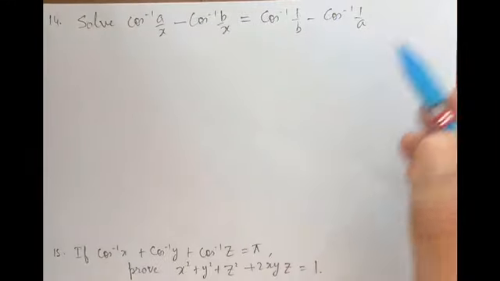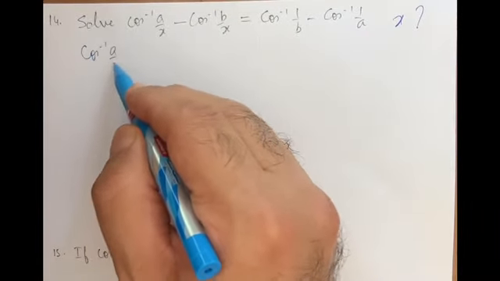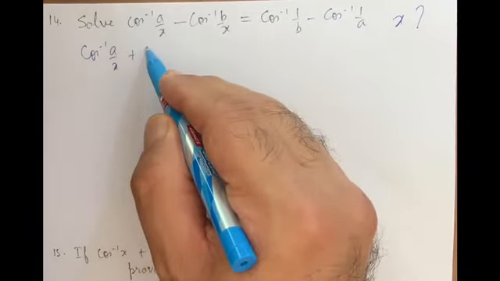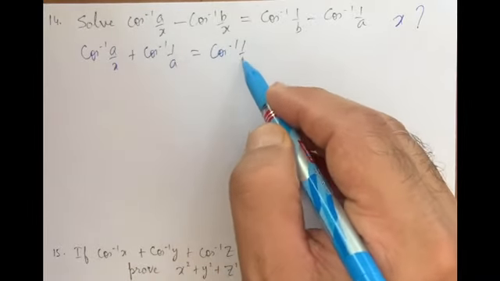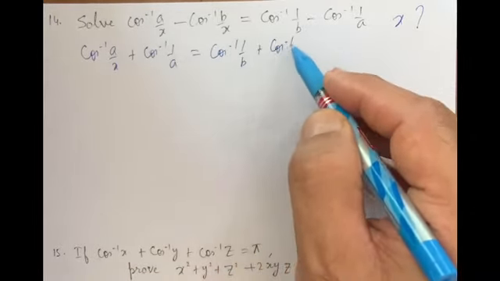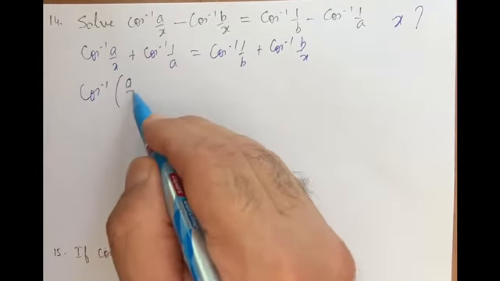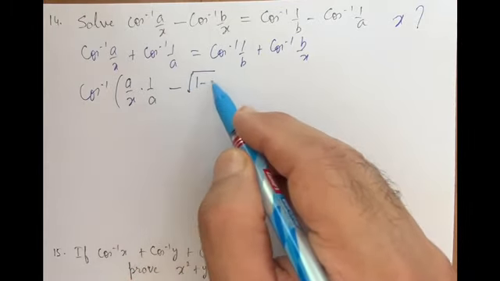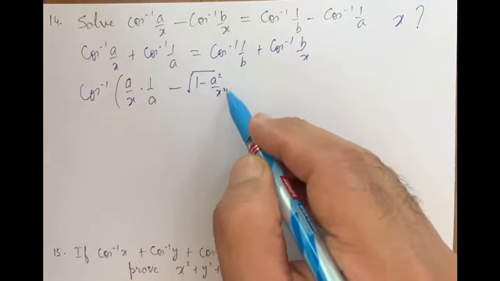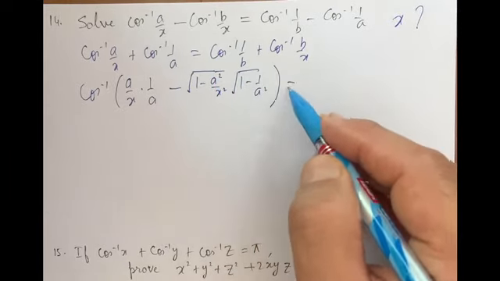The next one, we have to find the value of x. So this can be written as cos inverse of a by x. We shift cos inverse of 1 by a to the left hand side: cos inverse of 1 by b plus cos inverse of b by x. This is cos inverse of a by x into 1 by a, minus root of 1 minus a square upon x square into 1 minus 1 by a square.